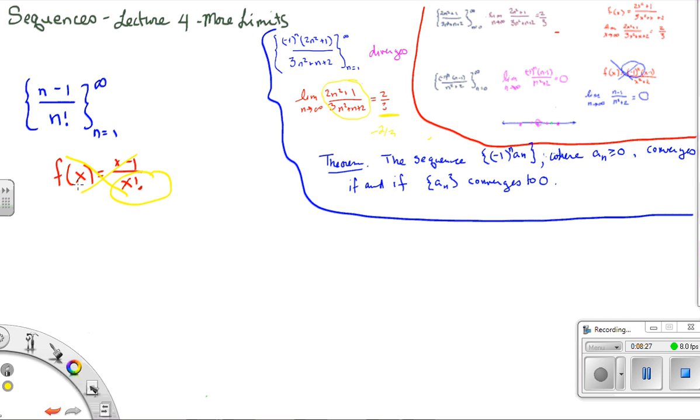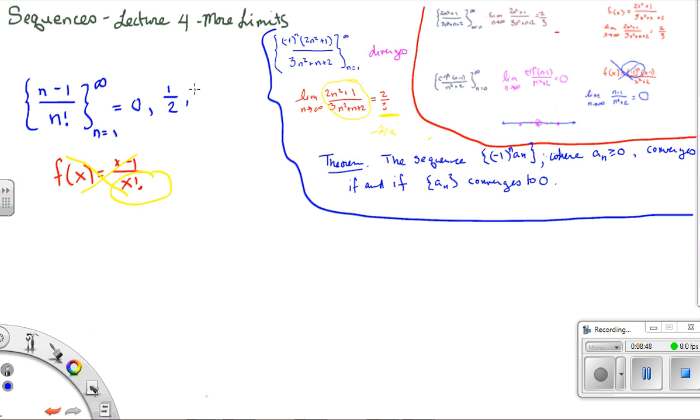So how are we going to evaluate this limit? Well, we could do a heuristic argument and say, let's list these out. If we start listing this sequence out, we get 0 when n equals 2. I get 1 over 2 factorial, which is 2.